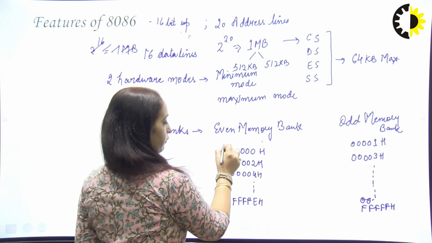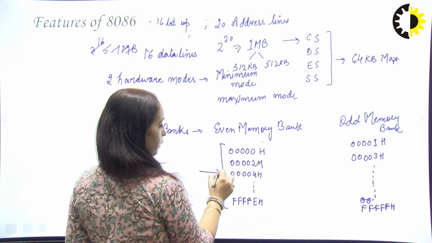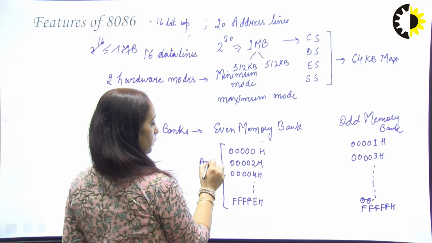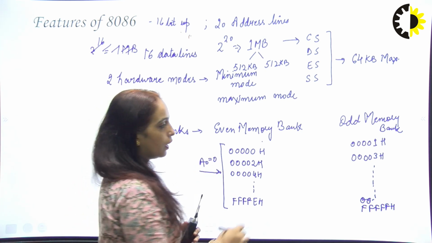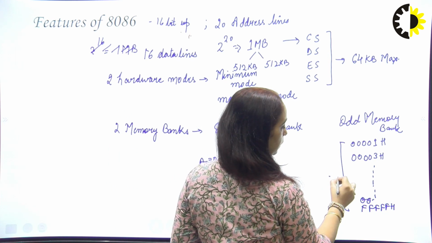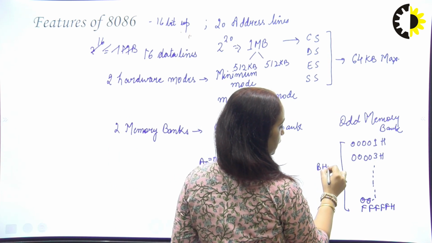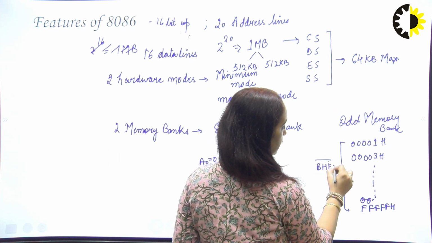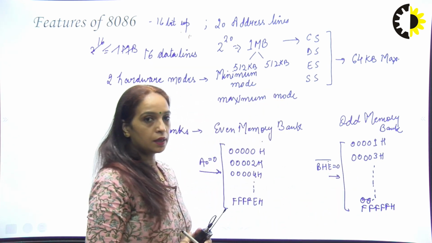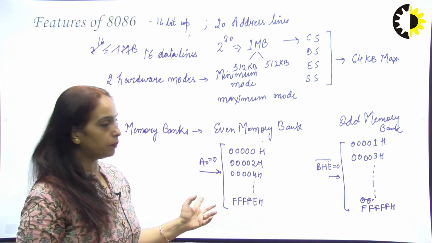This even memory bank will be selected whenever the value of the A0 signal is 0, and this odd memory bank will be selected whenever the value of the bus high enable signal bar is 0, right? So these two signals are used to select the memory bank.